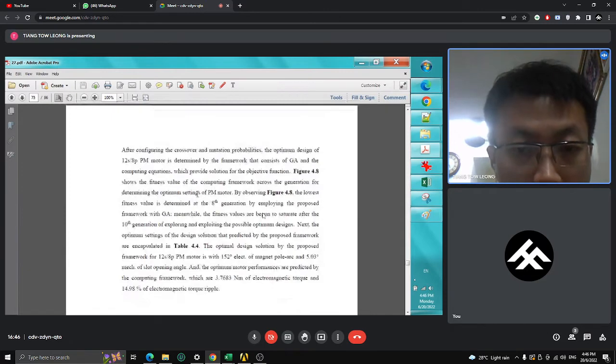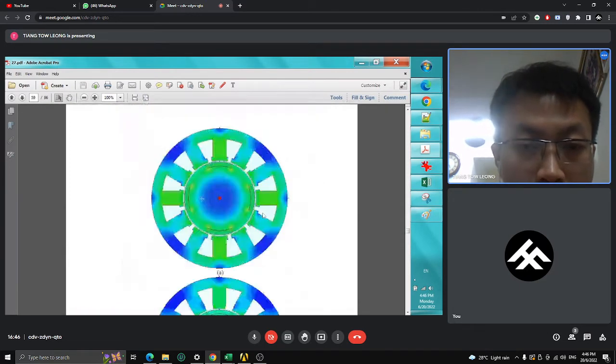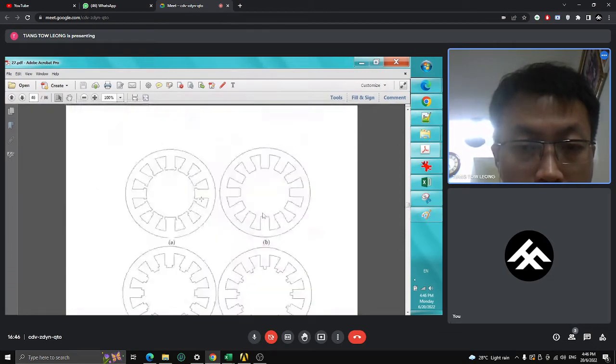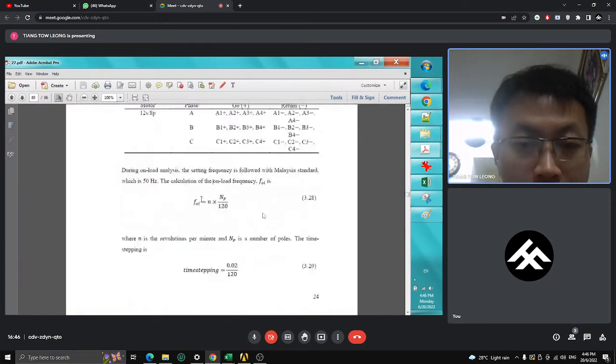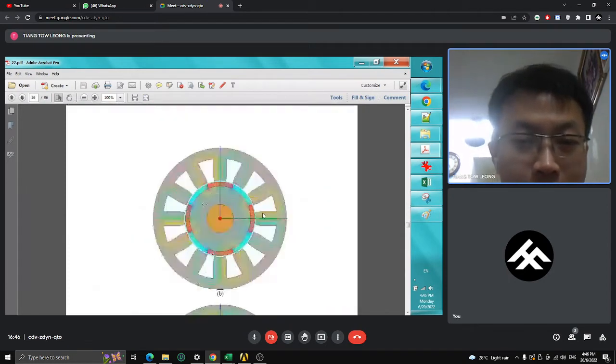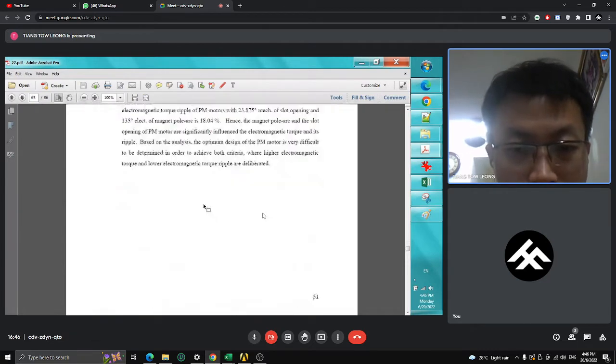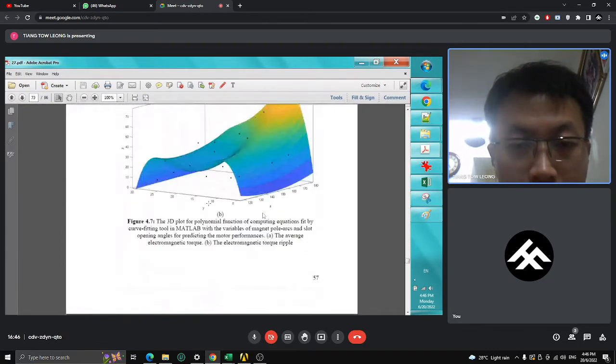I think current profile you kena masuk juga. Kat mana? Dia tak masuk, okay, tak apa, current profile tak akan masuk. Itu sajalah.